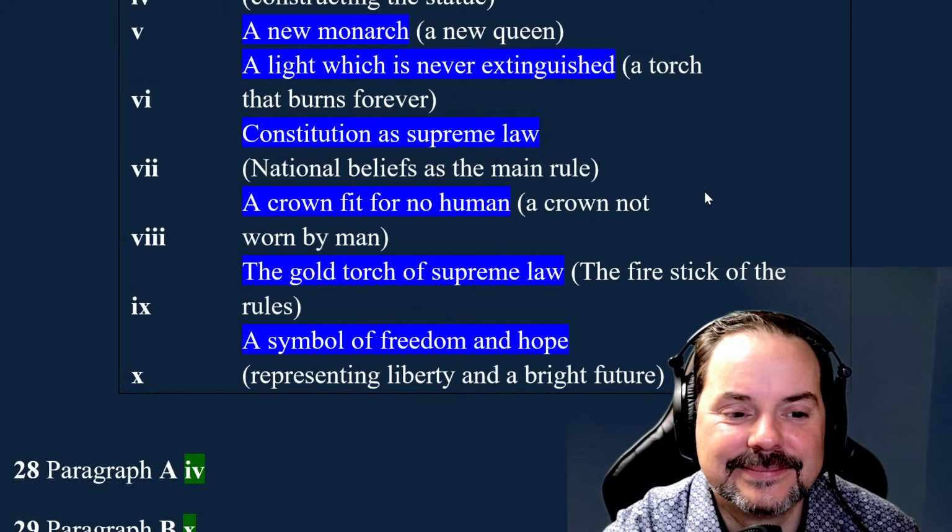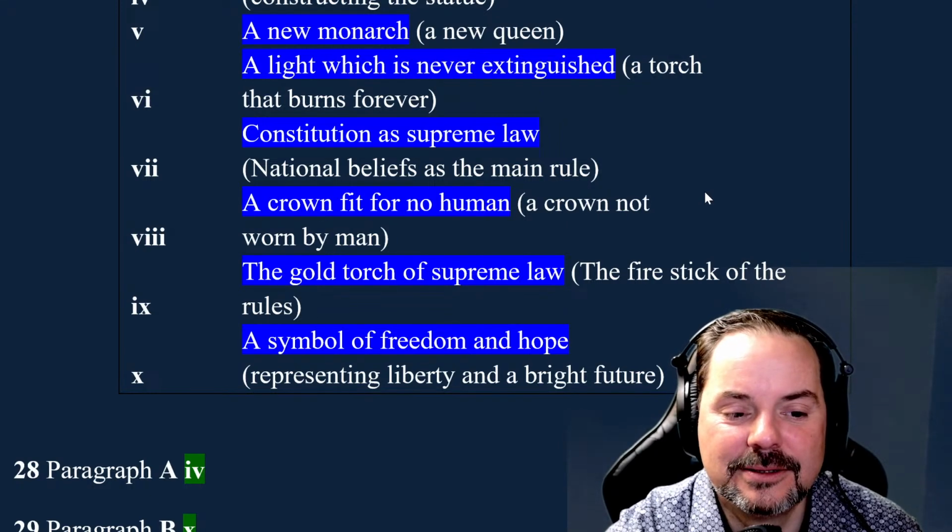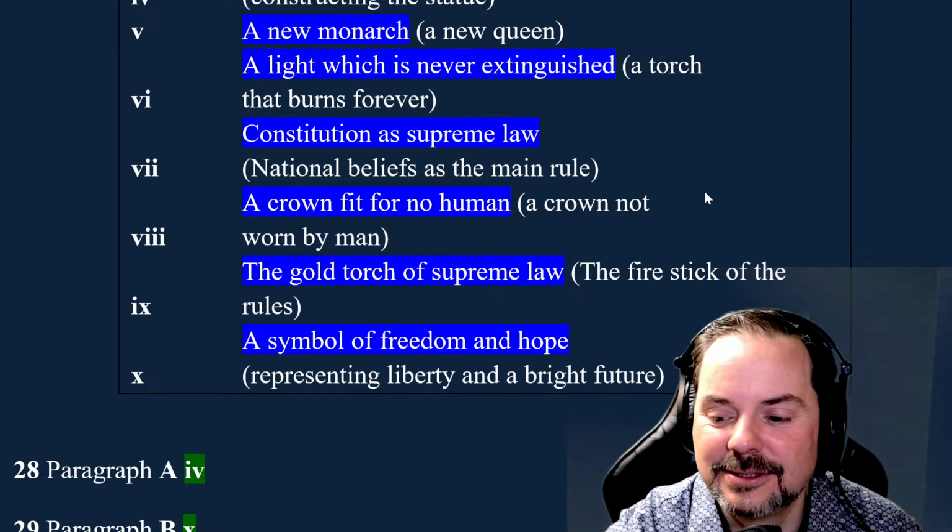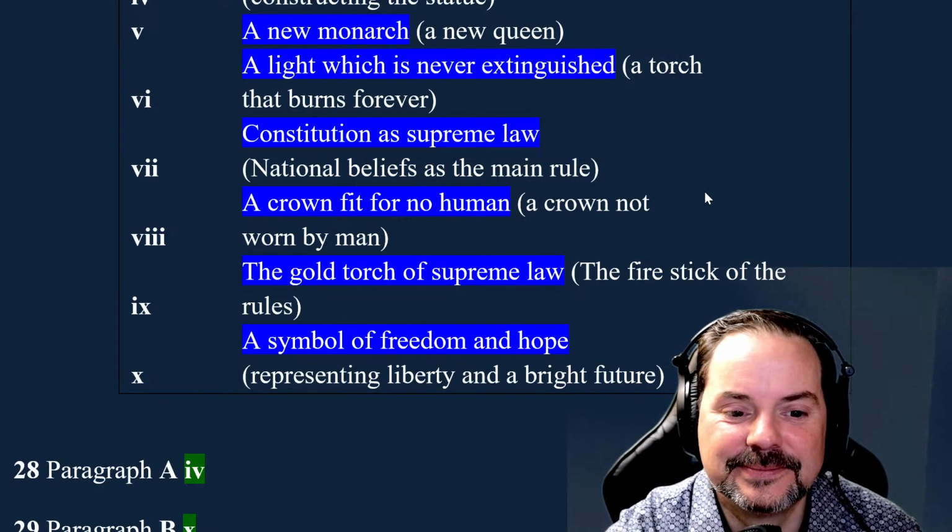Maybe 8. The gold torch of supreme law? It's not the torch. Um, 7. Which one is 7?